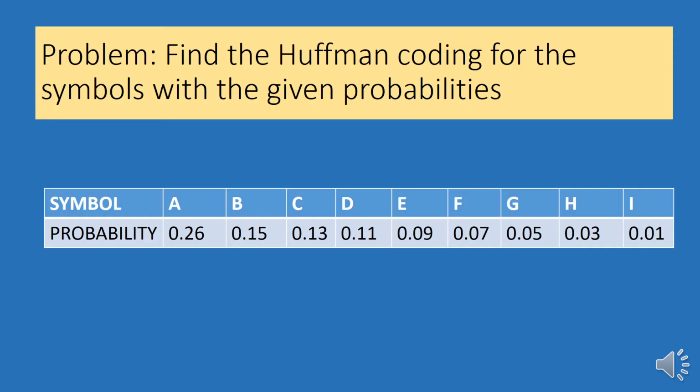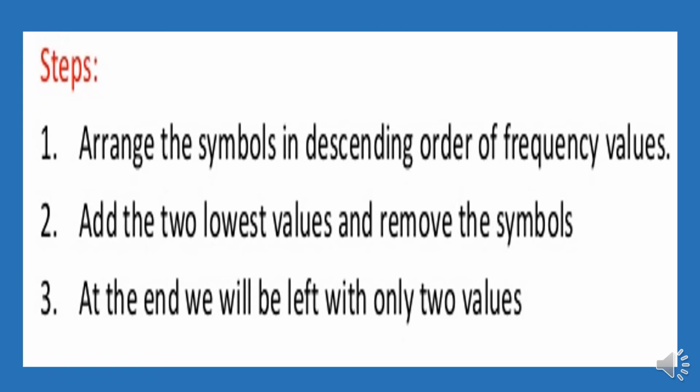Now I will do the problem. Find the Huffman coding for the symbols with the given probabilities. Here the symbols are A, B, C, D, E, F, G, H and I. The corresponding probabilities are also given. So the steps are, we have to arrange the symbols in the descending order of the frequency values and then add the 2 lowest values and remove the symbols.